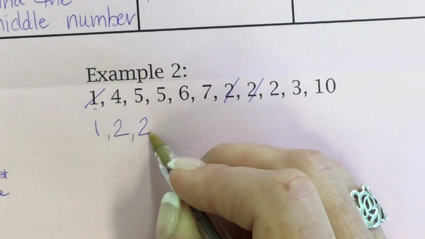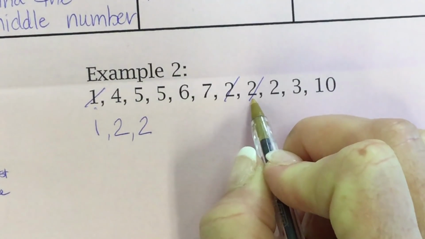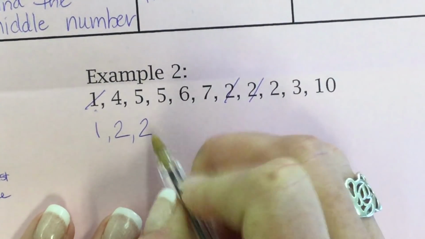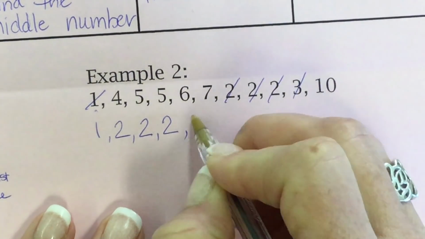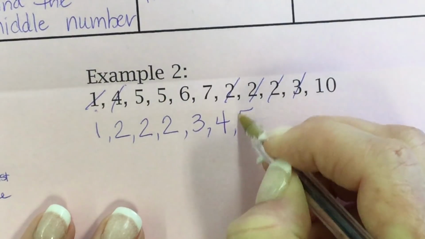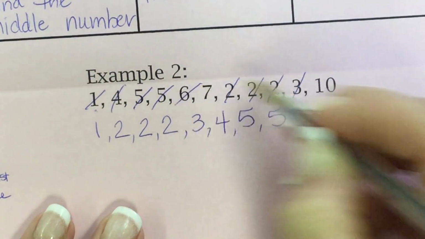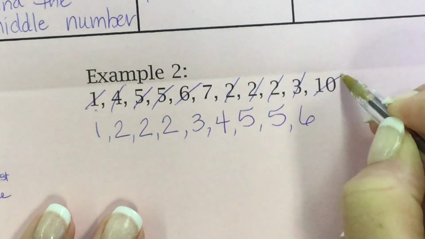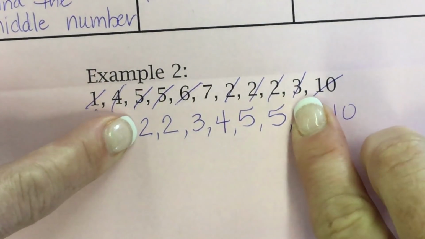So you have another 2, you have a 3, you have a 4, a 5, and a 5, a 6, and a 10. Okay, so which one's my middle number?